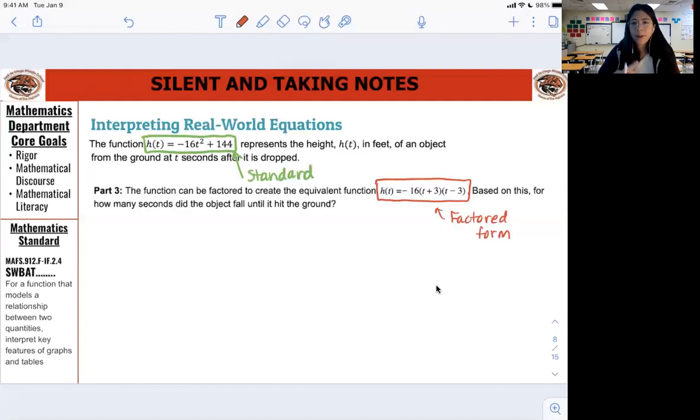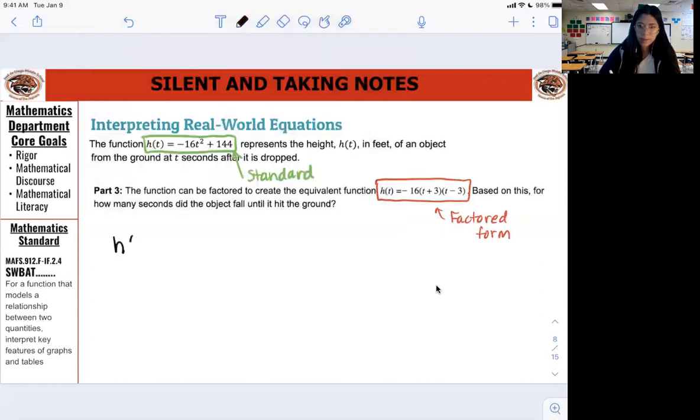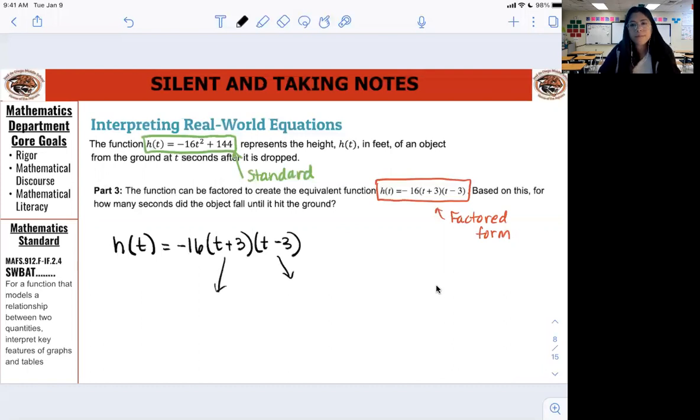So now that I'm in factored form, what can I find about this graph? The x-intercepts, good. So quick review on factored form. What do I do with my two factors? You set t plus 3 equals 0 and t minus 3 equals 0.